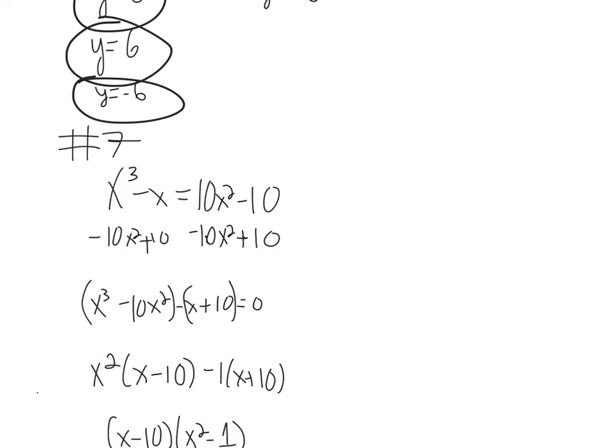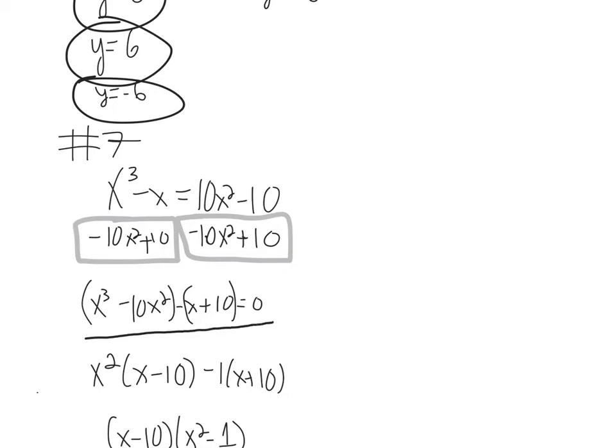Now for problem number 7, you have x cubed minus x equals 10x squared minus 10. So what you're going to do first is subtract 10x squared minus 10 on each side, and then you're going to get x cubed minus 10x squared minus x plus 10 equals 0. Before this is grouped together, it was x cubed minus 10x squared minus x plus 10.